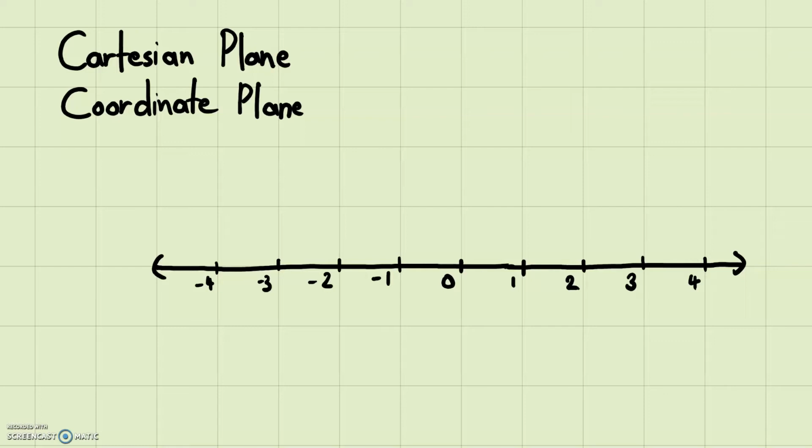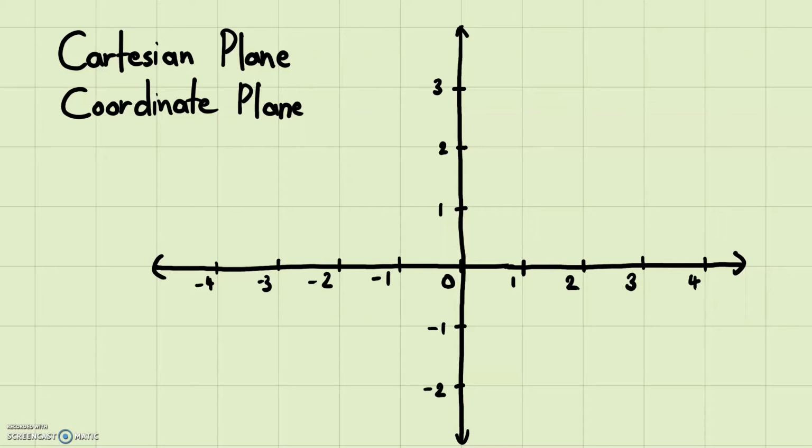A Cartesian plane basically expands this one-dimensional chart into a two-dimensional plane. What it does is it adds another number line, a vertical number line like this. If you go up, it's going to be positive, and if you go down, it's going to be negative.